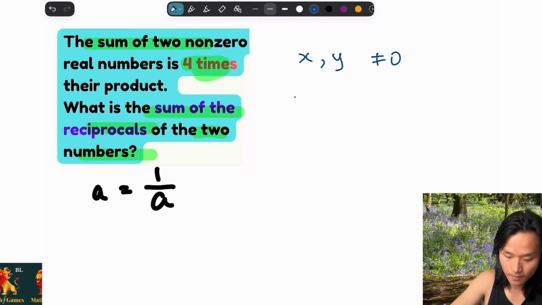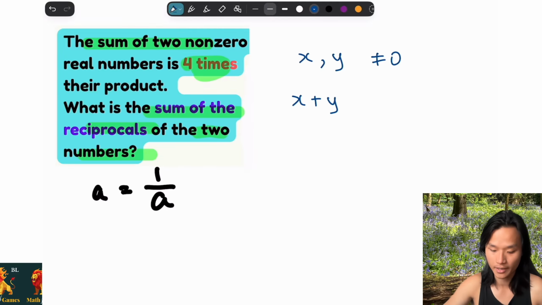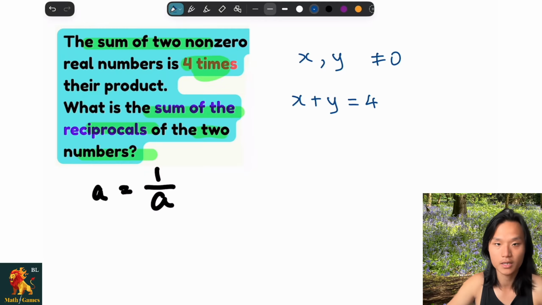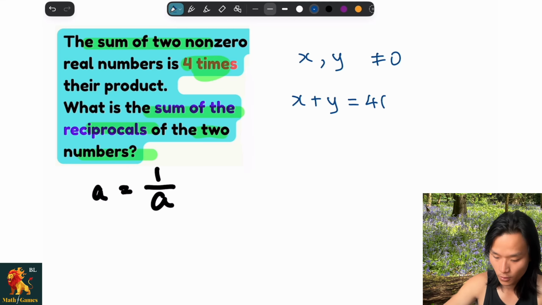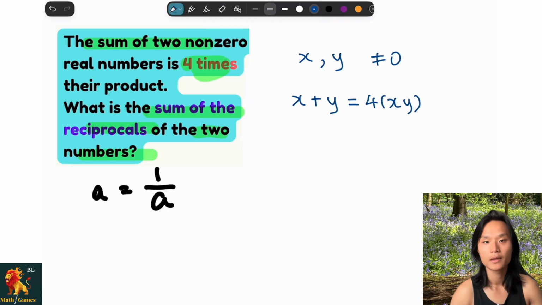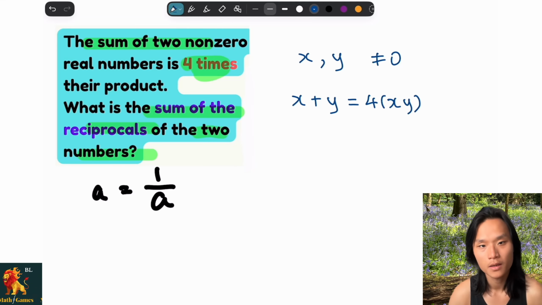The sum is x plus y, and we know that this sum is 4 times their product. The product meaning we multiply them. So 4 times xy. We will work with this equation to answer the question.